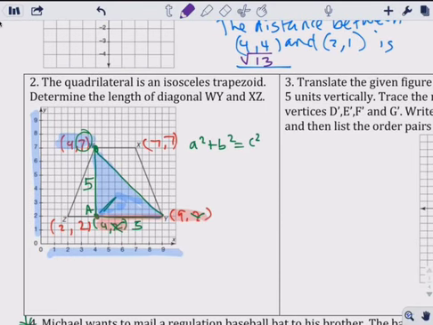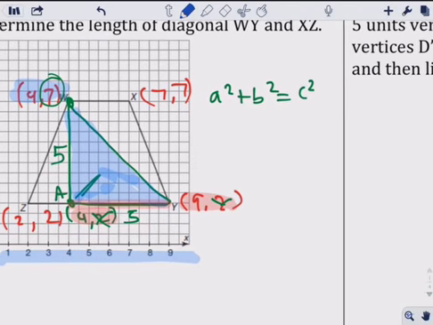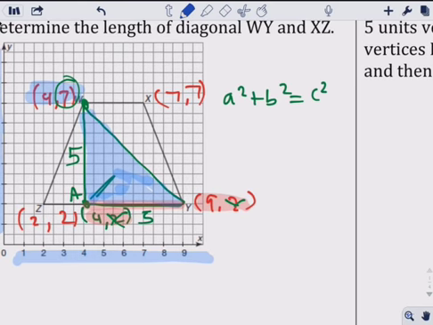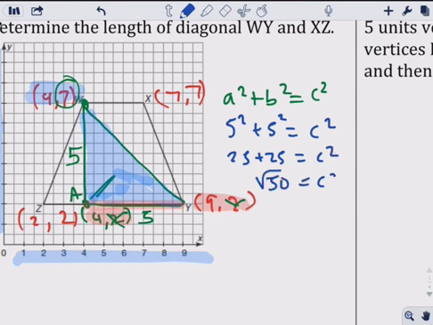the diagonal of the 2 is, we went over this, how we got the distance of 5, 5. 5 squared plus 5 squared equals c squared. 25 plus 25 equals c squared. Square root of 50 equals c.